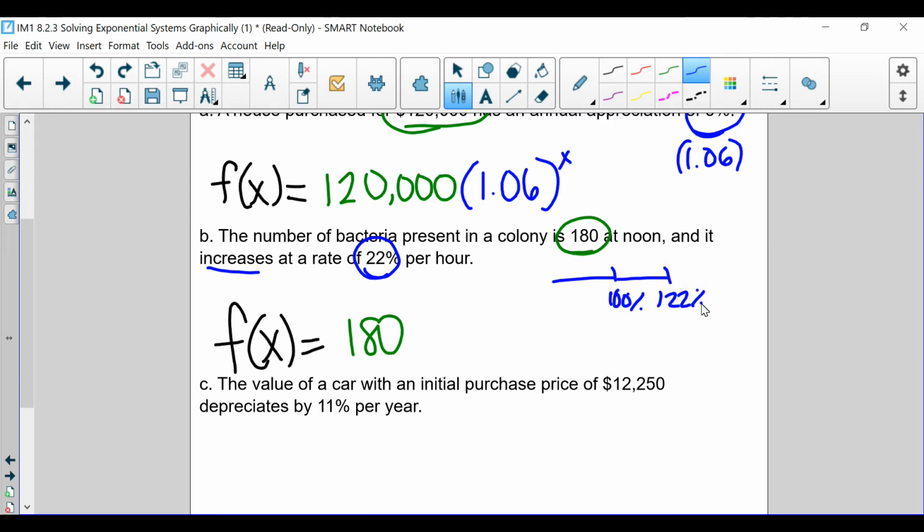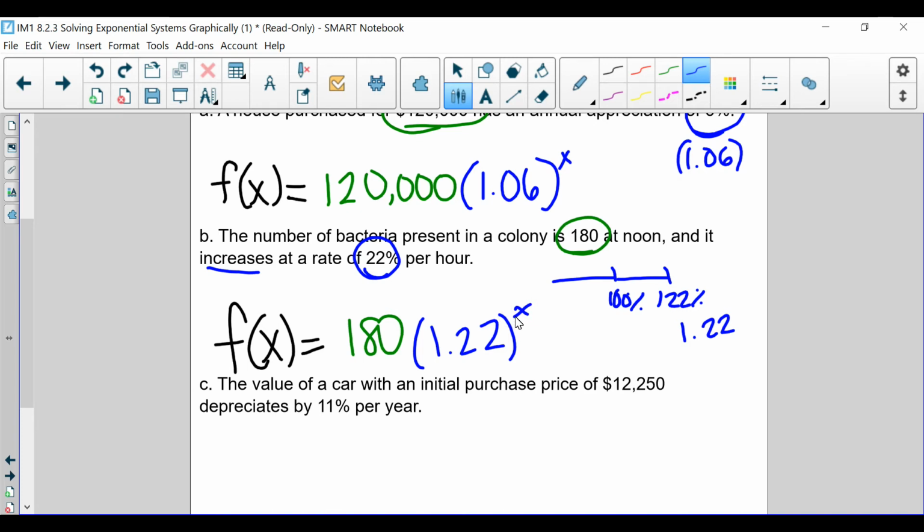Now, 122% is not written like this. That's very small. How do you write 122%? That's written like this. Everybody see that? So our multiplier is going to be 1.22, and then we have our x value like this.